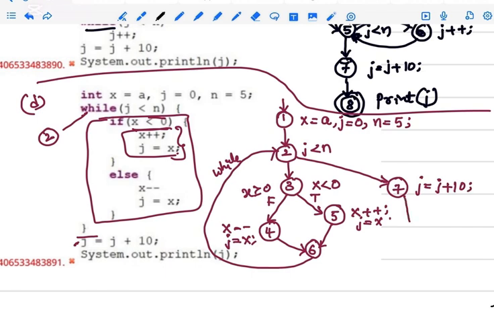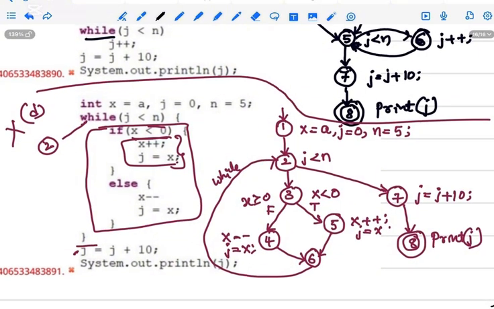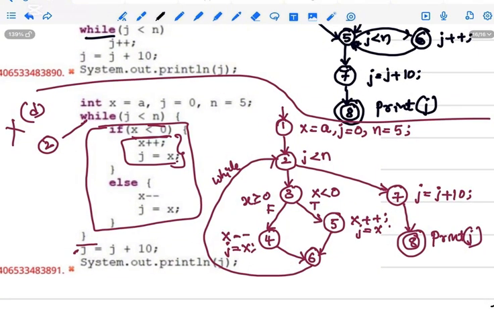After this, the terminal node 8, println of j. So this print statement is not similar to the given options, right? This control flow graph is not similar to the given control flow graph. So this option is incorrect.